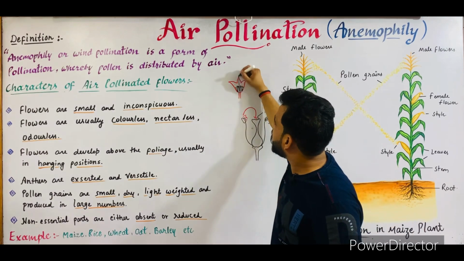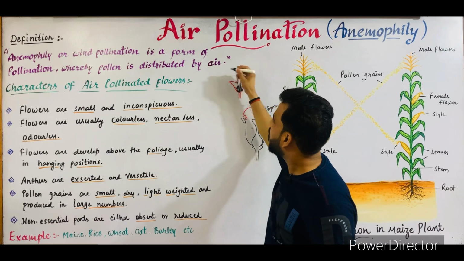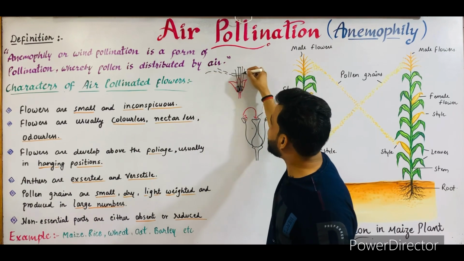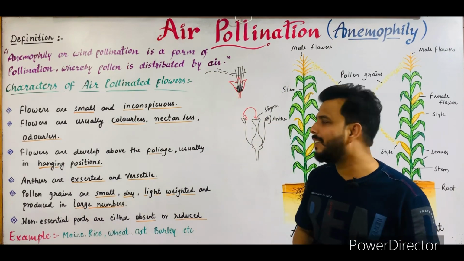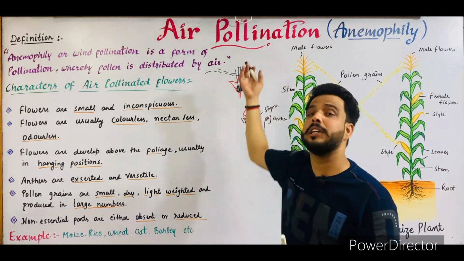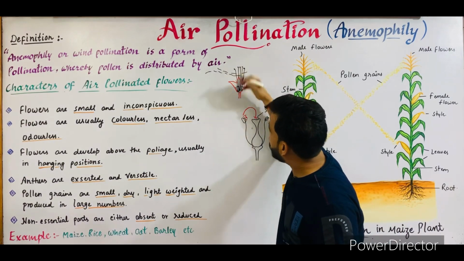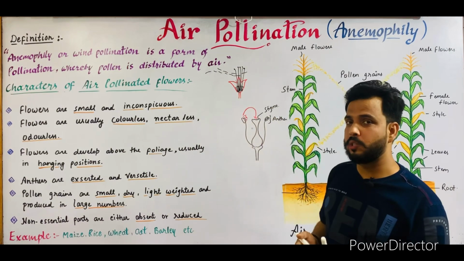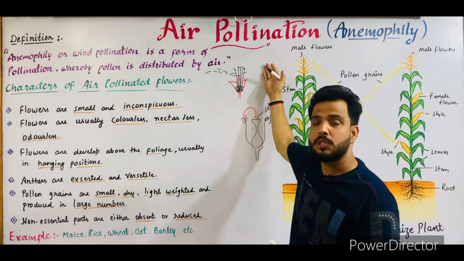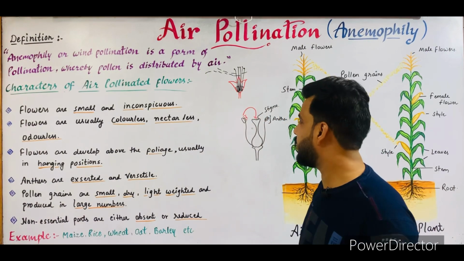And suppose that they are long and in an exerted position, then they can get the air easily. So the anthers are usually exerted. Exerted means they are outside the corolla tube, they are large, and the length of the filament is more than the corolla tube, so they can get the air easily. So anthers are exerted and versatile.